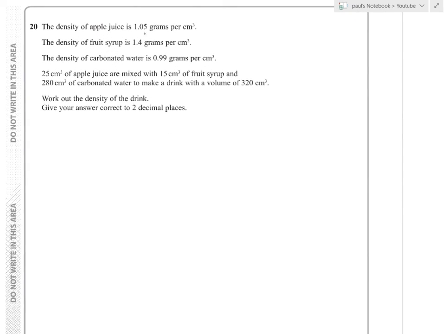The density of apple juice is given, so going by that, the density equals the grams divided by the centimeter cubed. The density of water, apple juice and fruit syrup, and carbonated water are used to make a drink of a given volume. So we've got to find out how many grams.